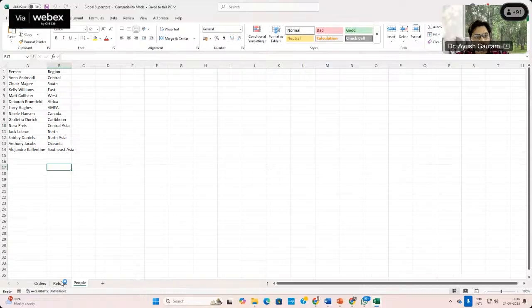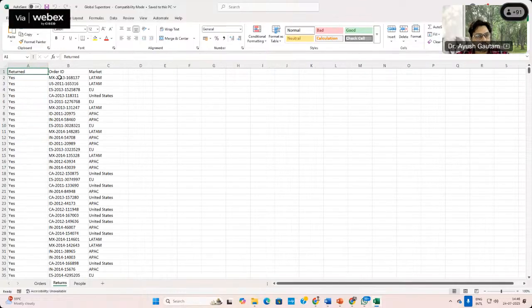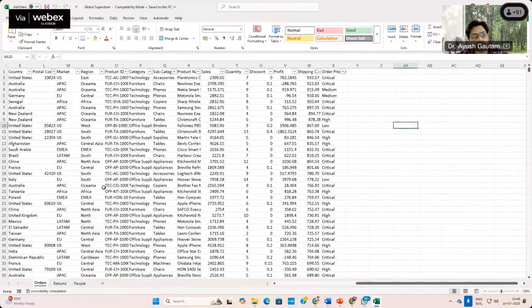This is the data of the returns. And this is the order ID, and these are the orders placed by the customers. Suppose these are the postal codes of all the orders, and these are the quantities for the number of products at any postal code.